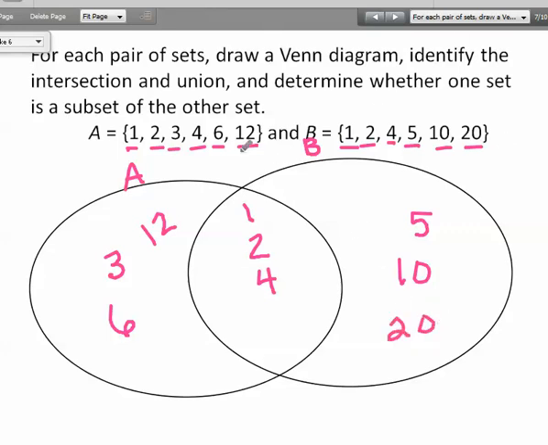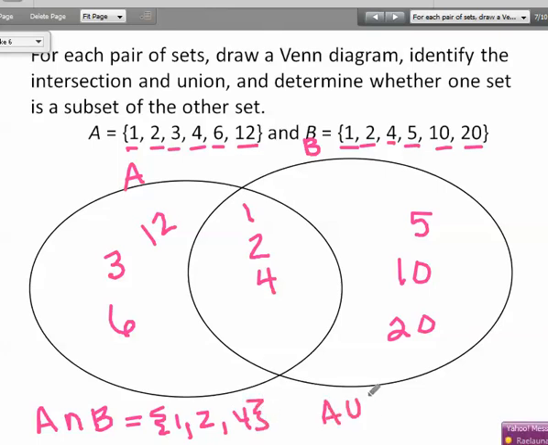So, what's the intersection? So A intersect B. Just remember, it's what they have in common. 1, 2, and 4. Now, A union B means combine the two sets.